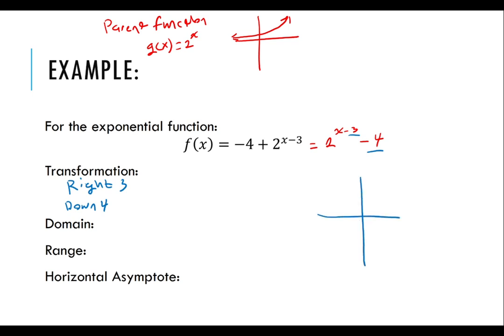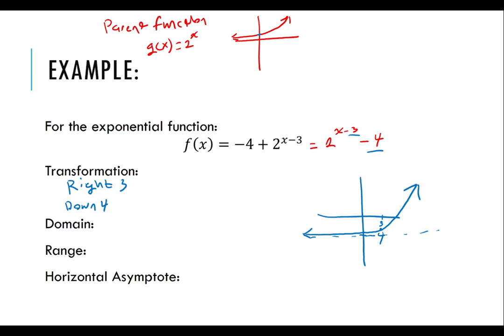Remember that there's actually a horizontal asymptote at 0 for that original function 2 to the x, which means that we now have a new horizontal asymptote at y equals negative 4 because we moved down 4. Then we've also moved this point here to the right 3 units. So 1, 2, 3. And so it's going to be about right there. Then I know that this function more or less will look like this.